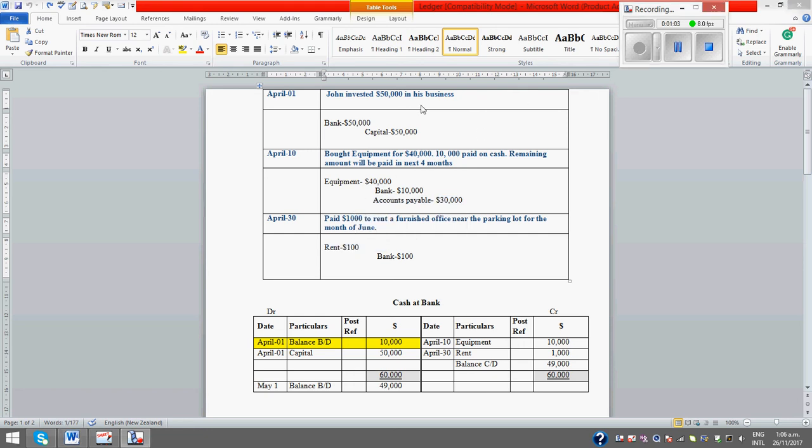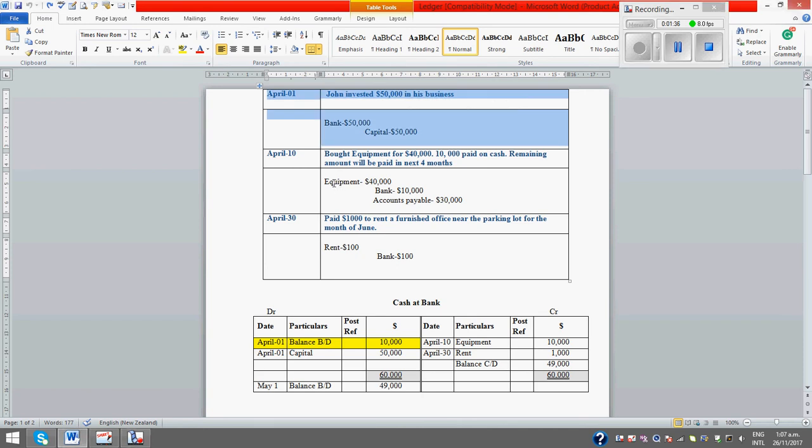We can see the bank account is common to all these three journal entries. It means to prepare ledgers we need to consider all these three journal entries. Then another account is called capital, but we don't see capital in other journal entries. So when you prepare the ledger for the capital account, we just need to consider this journal entry.